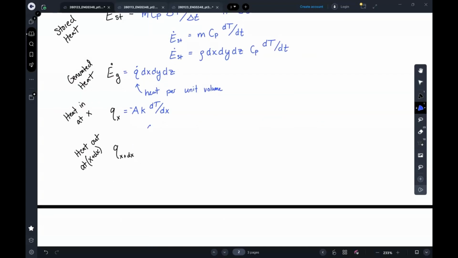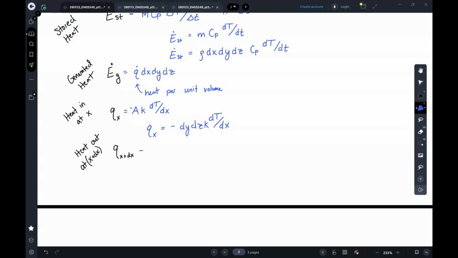So this gives us qx equals minus dy dz, d temperature divided by dx, and I forgot the thermal conductivity K. So we're mostly there, but we have to now do the other side.